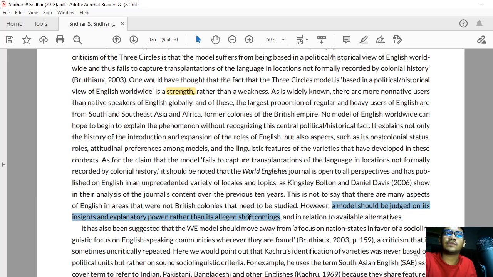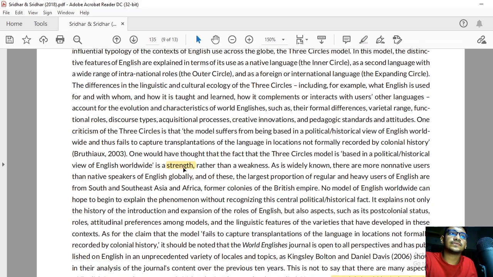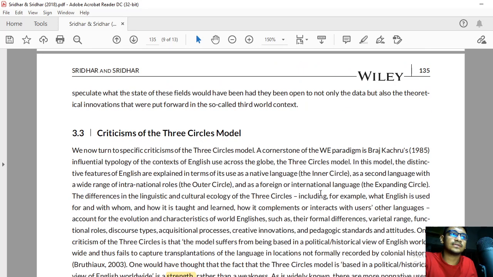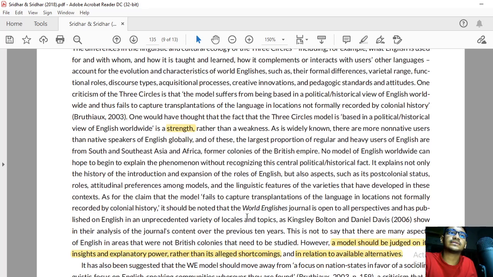So they are quite positive in their critique. They want to highlight the positives rather than focus on the negatives. These are the two defenses, and another defense was that political and historical views are very important. So these are three responses to one criticism of the three circles model.